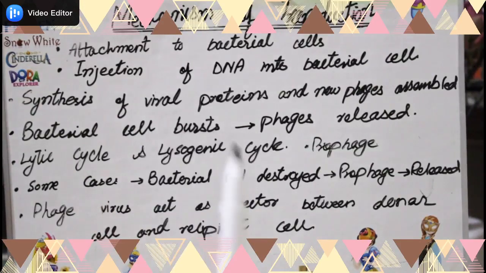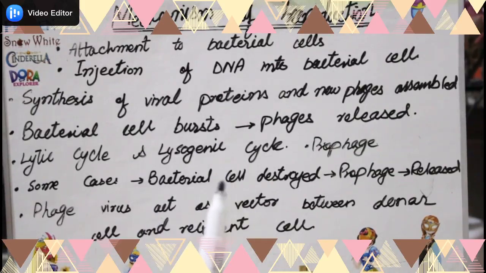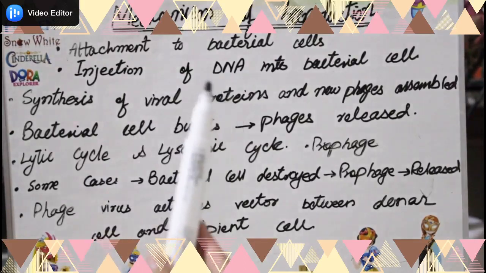So these are the terms which should be in your mind, and how they are related to this process. The bacterial virus then produces its copies, and there will be two types of transduction: generalized transduction and specialized transduction.